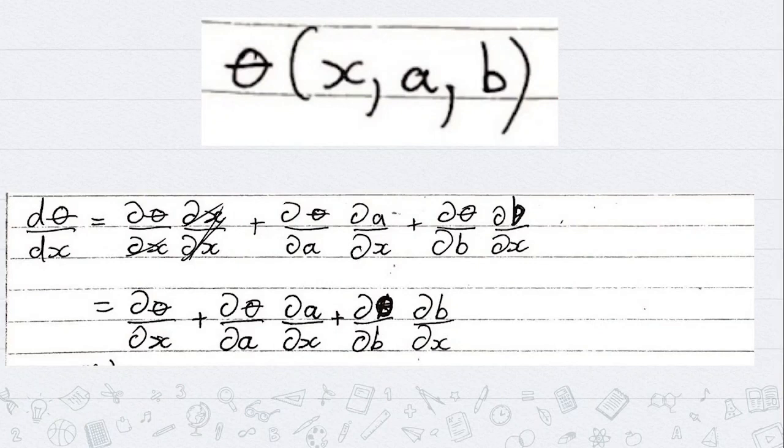Because theta is a function of 3 variables, we can put it together using the chain rule. d theta over dx equals partial theta over partial x times partial x over partial x, plus partial theta over partial a times partial a over partial x, plus partial theta over partial b times partial b over partial x. After cancelling, this is our final result.